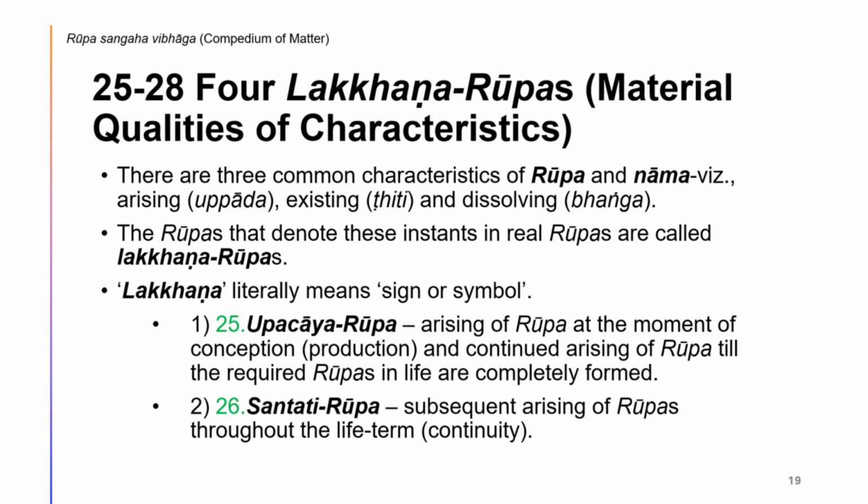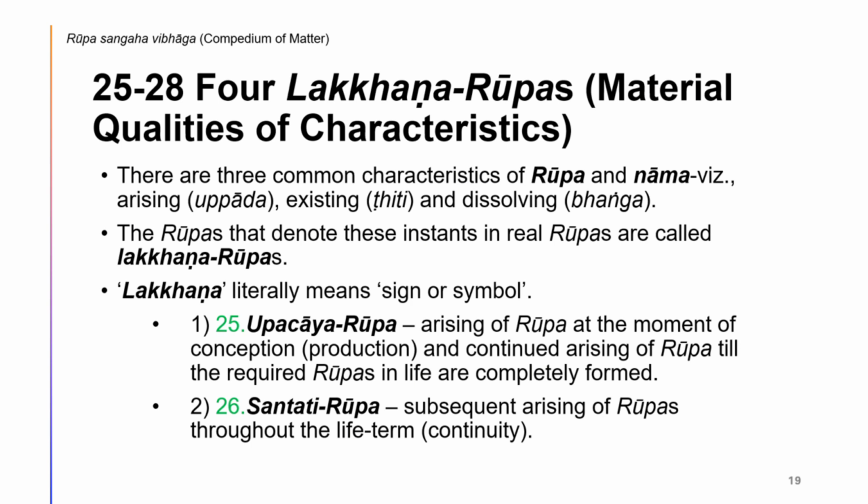When we come out as a baby, this rupa never stops. If it stops, you cannot grow. You can see in society there are some people that cannot grow, with the body bigger than the leg. These are problems.